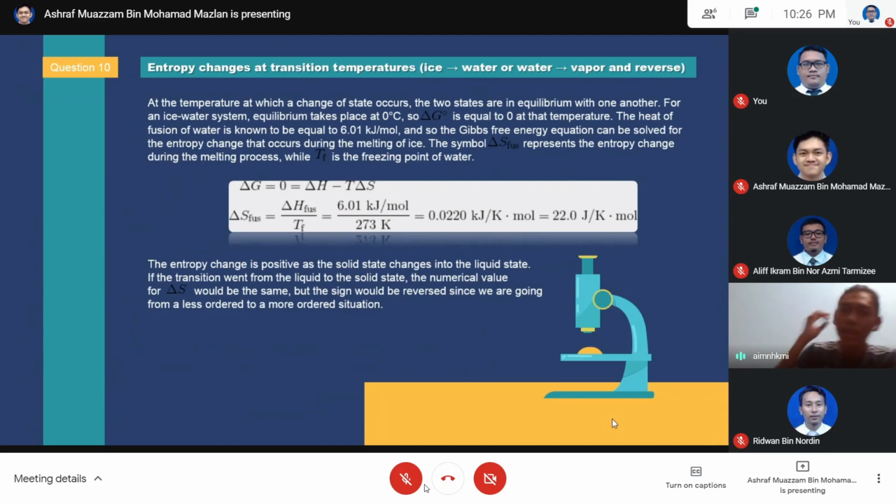We use the equation delta G equal to 0 equal to delta H minus T delta S. So delta S FUS equals delta H FUS over TF, equal to 6.01 kilojoule per mole divided by 273 Kelvin, equal to 0.0220 kilojoule per Kelvin mole.